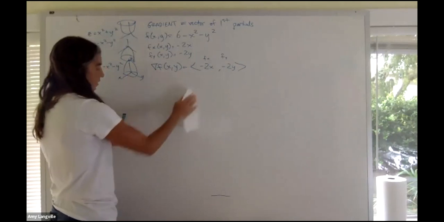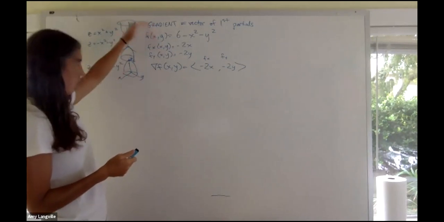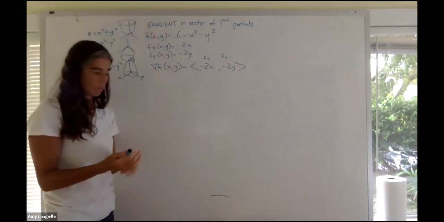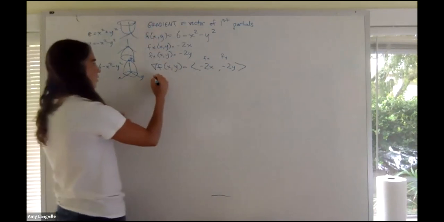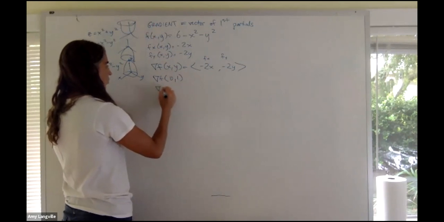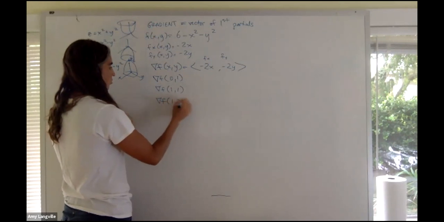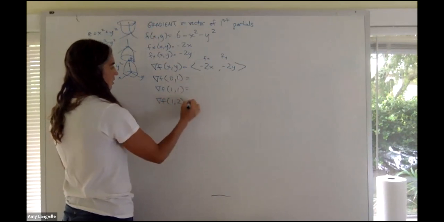Okay, so I'm just following instructions. I took gradients, I put them in a vector, but what is that really doing? What does it mean? So let's go ahead and evaluate this at, let's say, the point 0, 1, at the point 1, 1, and maybe at the point 1, 2. Let's get these 3 vectors.